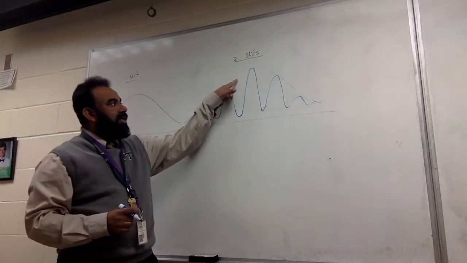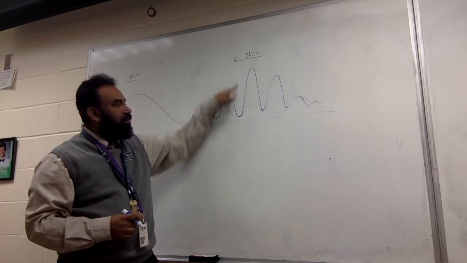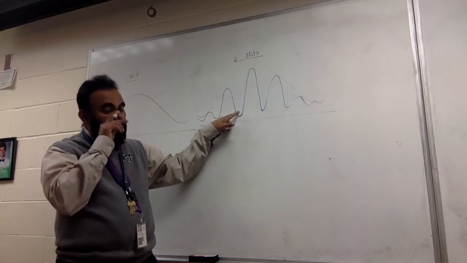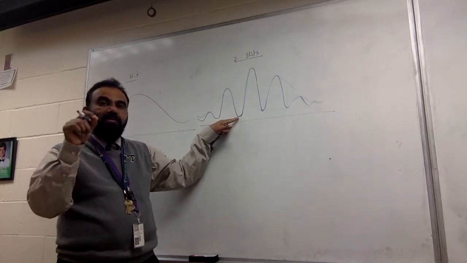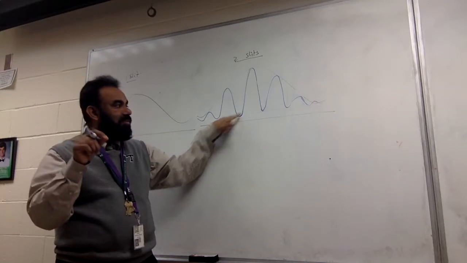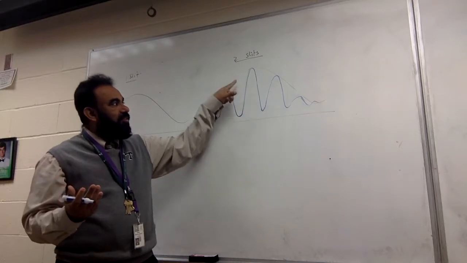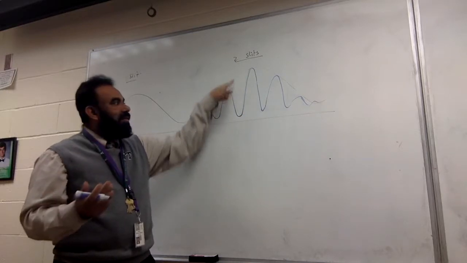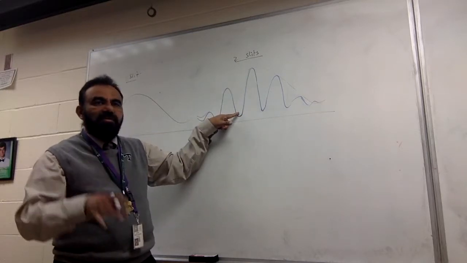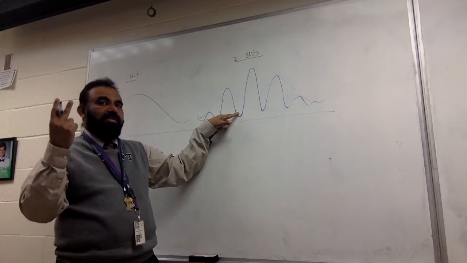So will you see brightness in this area? No, because this part corresponds to destructive interference. This also corresponds to interference which is destructive. Because of that, even though diffraction allows light, that light is going to be destructively interfering because of the two slits.